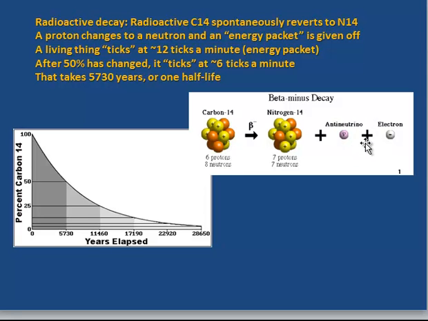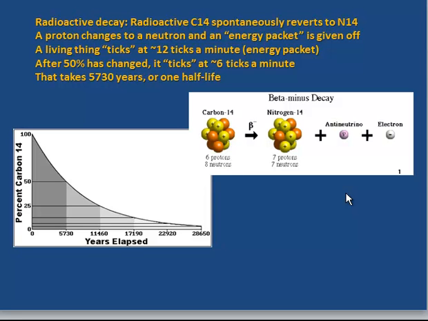And we know that a modern sample, shall we say, a modern person, a modern dog, a modern tree, will tick away at about 12 ticks a minute. And that's these energy packets. If I were to hold a Geiger counter up to you within about a foot and a half of you, I could measure you ticking away at 12 ticks a minute. Same with me.